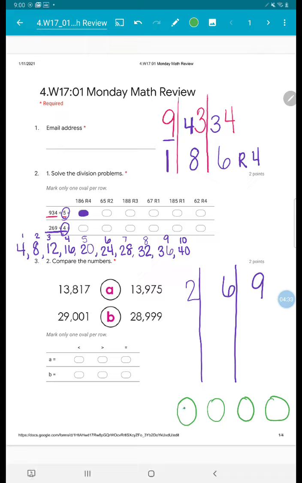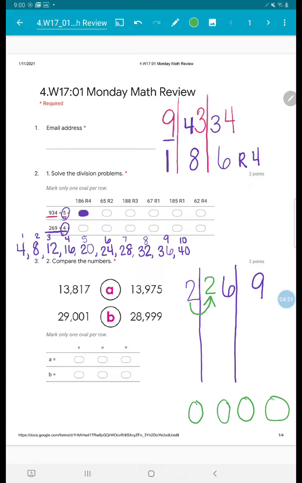If I have 2 things to put into those groups, I can't do that evenly. So I'm not going to be able to put any. So I'm going to have to take my 200s, and I'm going to move them over and make them into 20 tens. I'm regrouping them, making them tens.